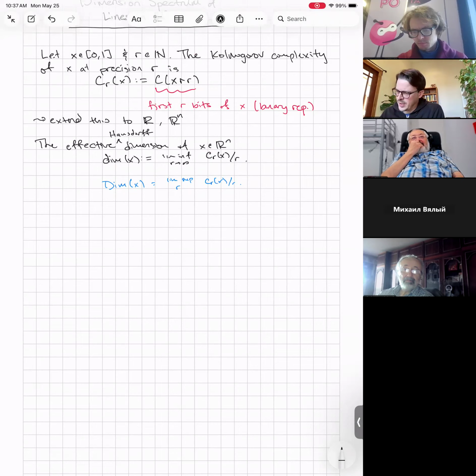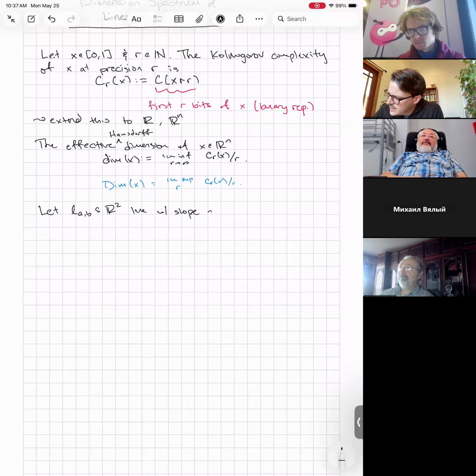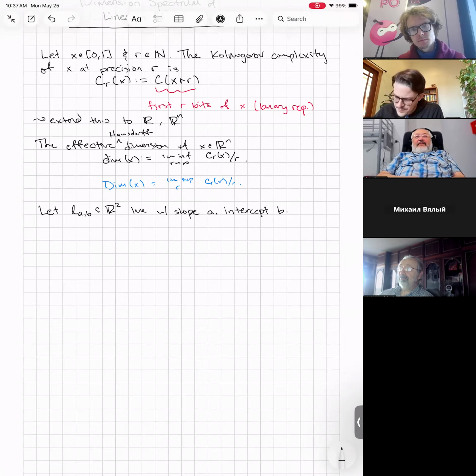So we're going to be talking about lines in the plane, and there are many ways to parameterize lines. We'll use the usual point-line duality. So let L_{a,b} be a line in R2. So this is a line with slope a, intercept b.